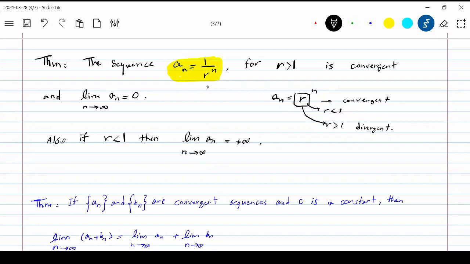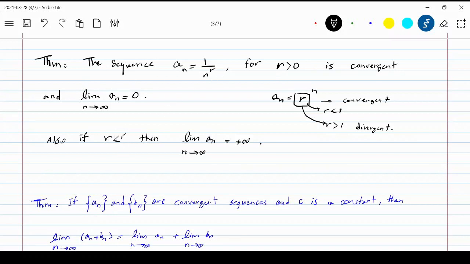And if it was the other way around, I think that's what I wanted to show at the beginning, not this. I wanted to write the other way, n to the power r, maybe. In that case, if the denominator has a positive exponent, if r is positive, then we have a convergent sequence because the denominator is increasing.